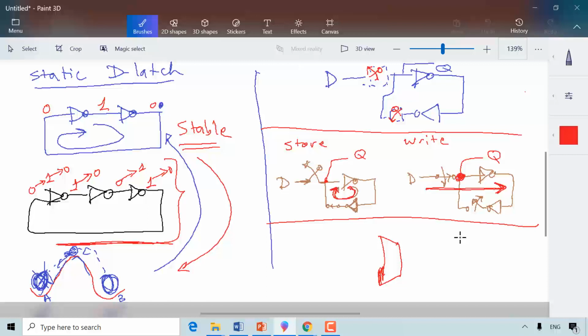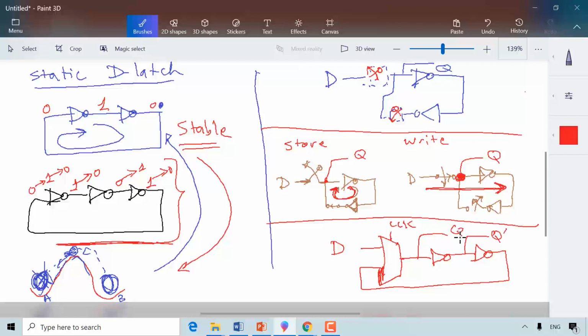This is the point I need to take care of. So here's the multiplexer: I have either the data or the feedback, based on some control signal, typically the clock. And here you have Q, and here you have Q prime.